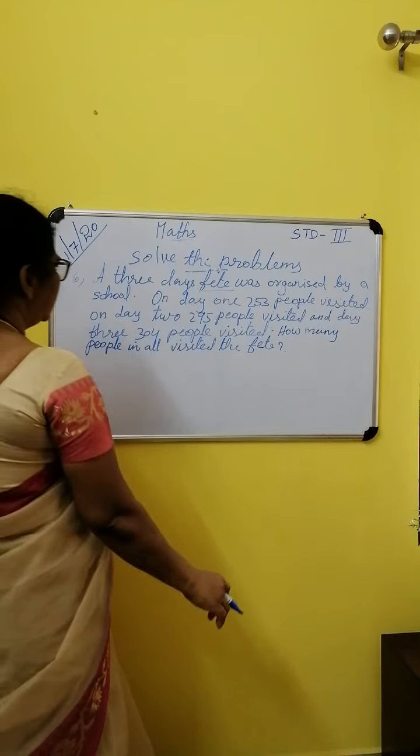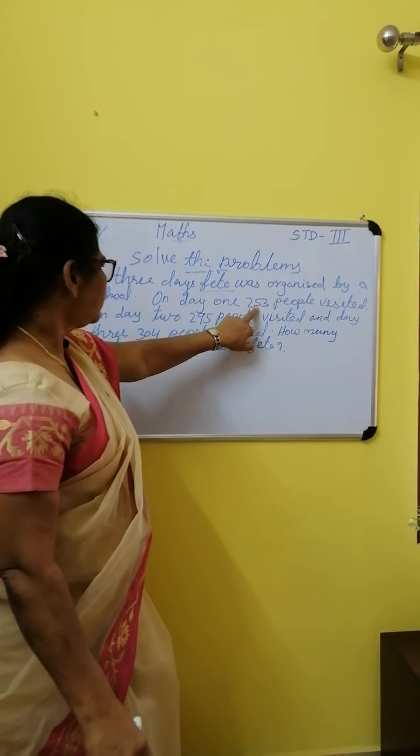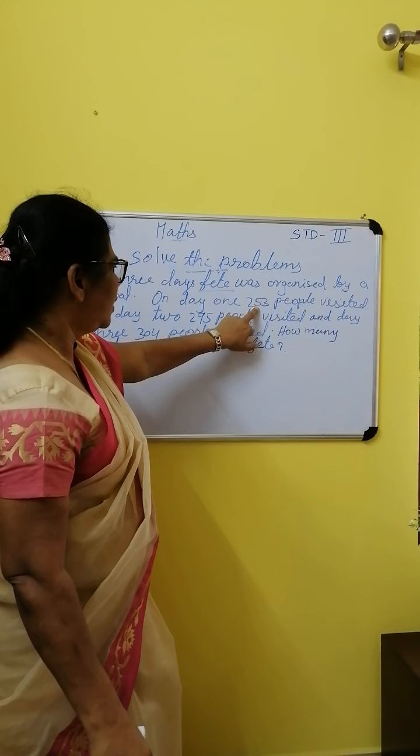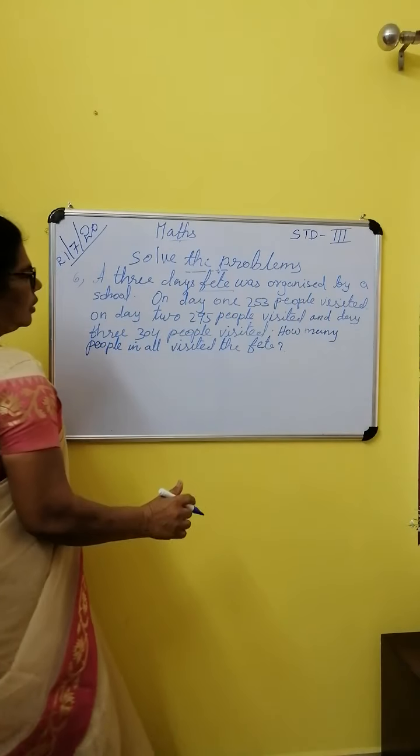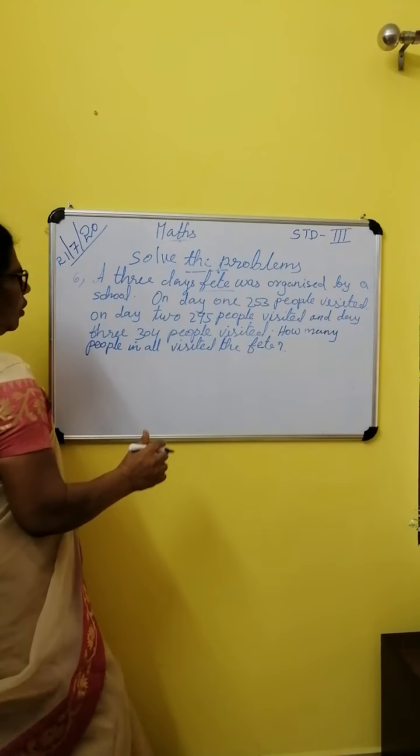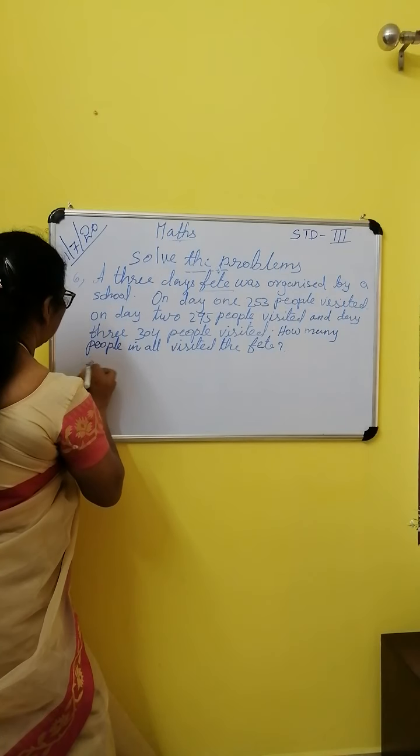So, where is the first number? Here. On day 1, 253 people visited. So, we have to find out number of people visited on day 1. Solution.